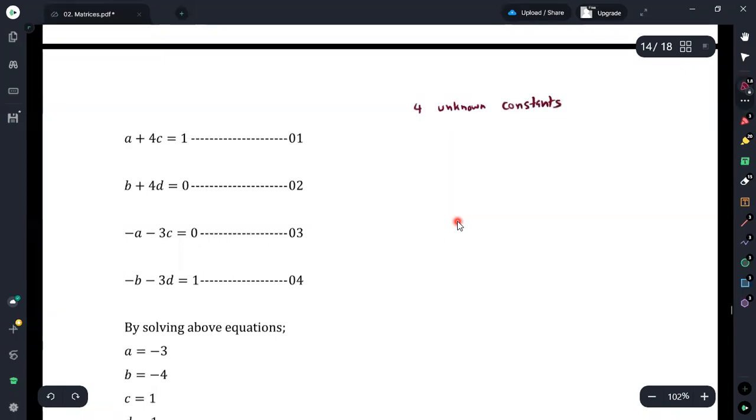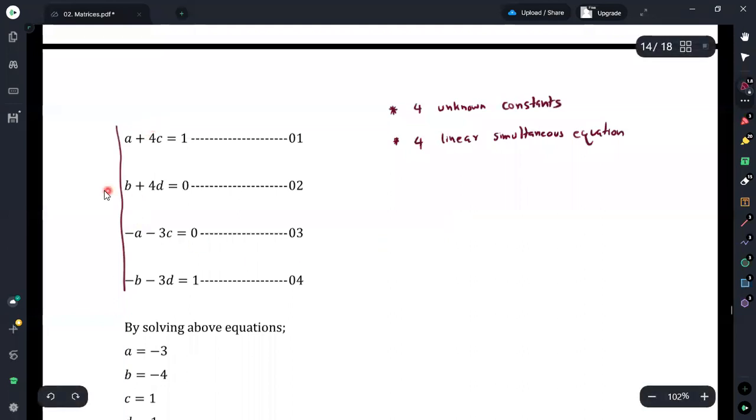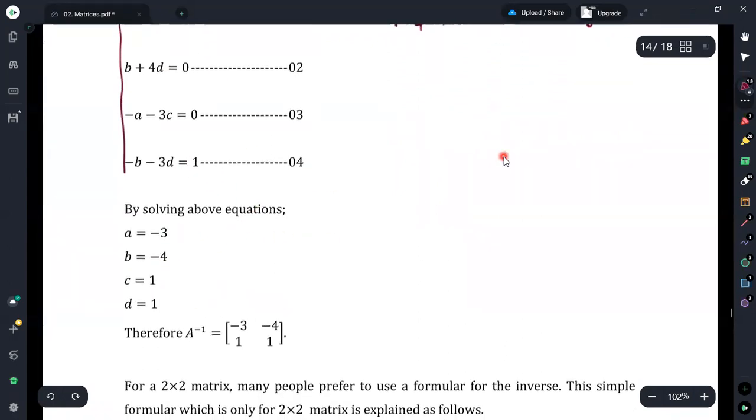By solving these 4 linear simultaneous equations, we can obtain the values for the unknown constants. Therefore, solving these 4 linear equations gives us the values for A, B, C, and D in this way.